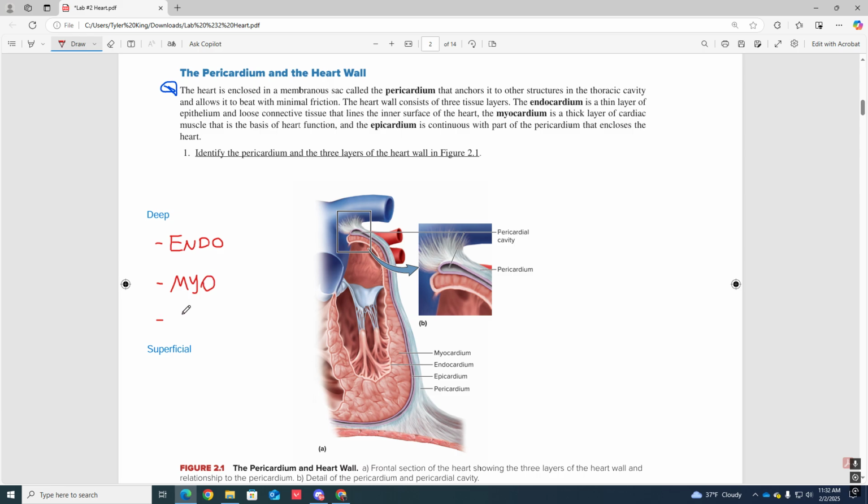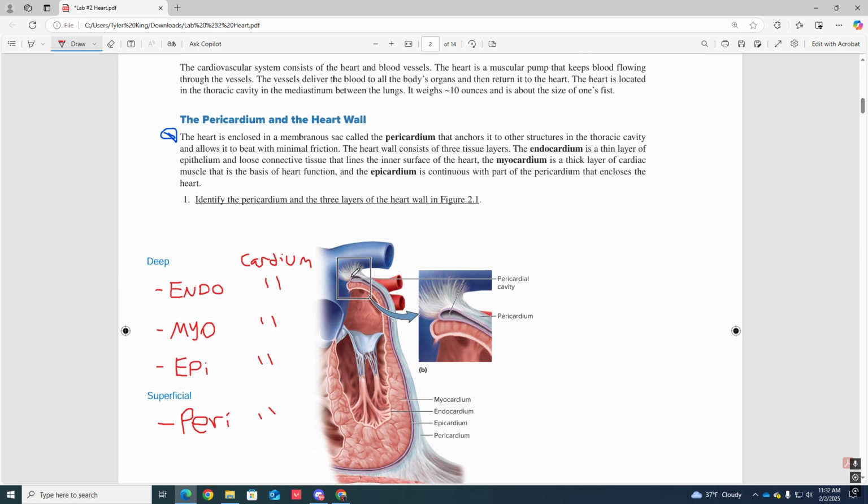And then lastly, it is the epicardium. All right, and if you wanted to throw in the pericardium as well, you could do that. It would technically be the most superficial, since it's more superficial than the epicardium.